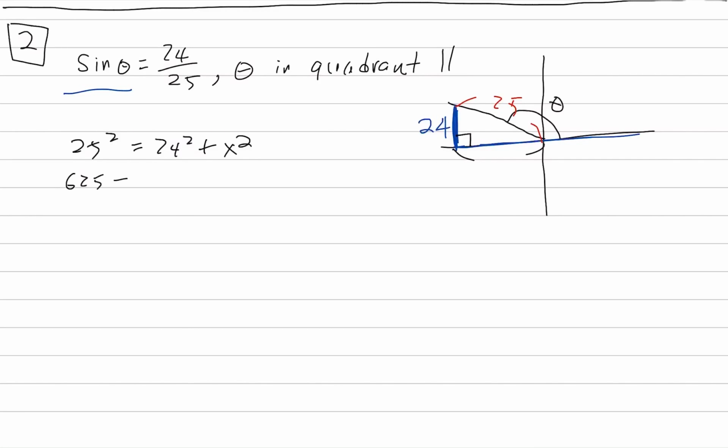I'm going to subtract 24 squared from both sides, which is 576, equals x squared. Okay. And 625 minus 576 gives us 49. So 49 equals x squared. So then what is x? x could be either -7 or +7. So we have to decide which one it is.